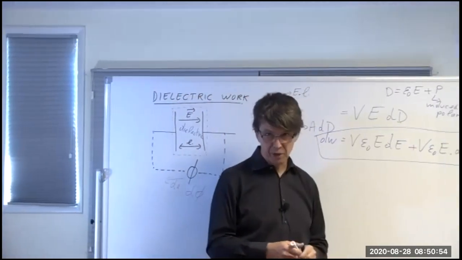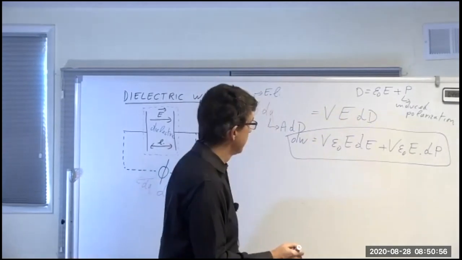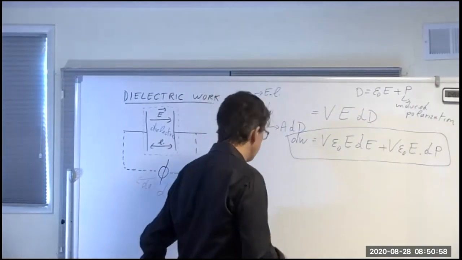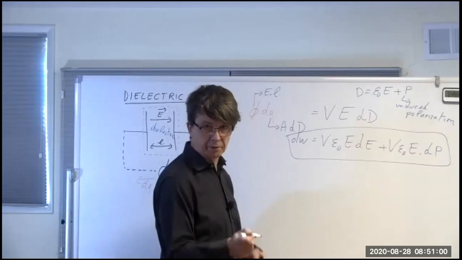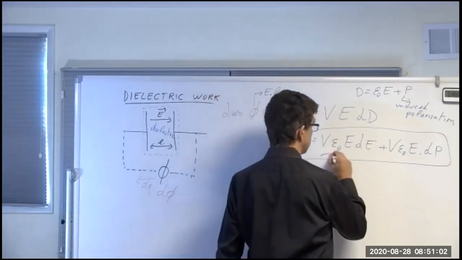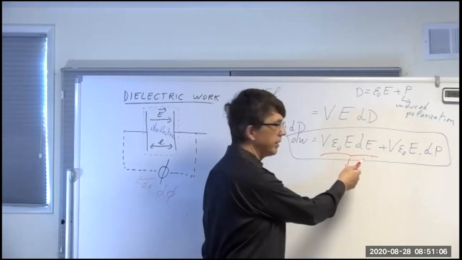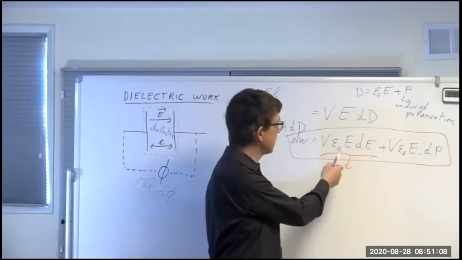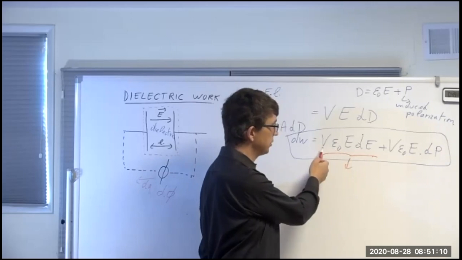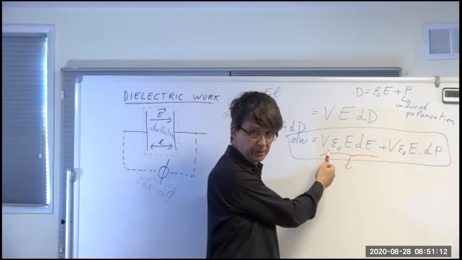Now, there's a few other things you have to notice. The first term here is independent of the material. Because this is just E dE, this is the permittivity of vacuum, and this is the volume that's filled by the field.